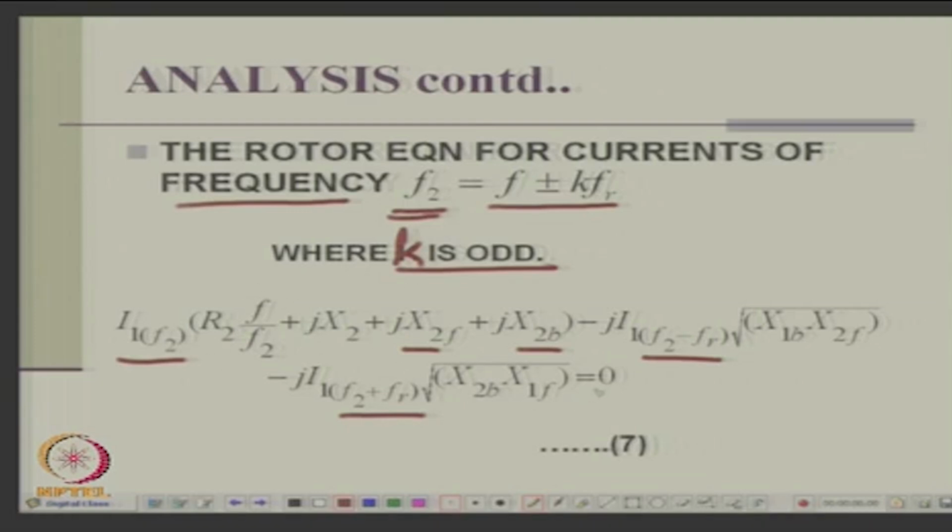So, you have this rotor frequency, where of course, since it is shorted it is 0. Okay. So, you have a general rotor equation. Okay. Is it clear? You have one general stator equation, general rotor equation for any frequency F1 and F2, right, which is given by F plus or minus k Fr, where one time k is odd, another time k is even. Okay.